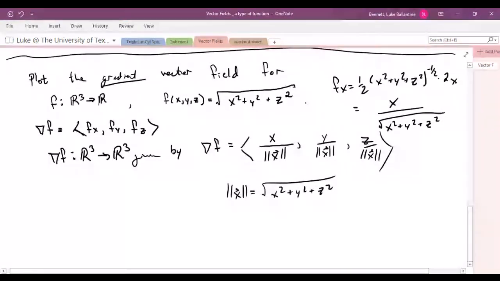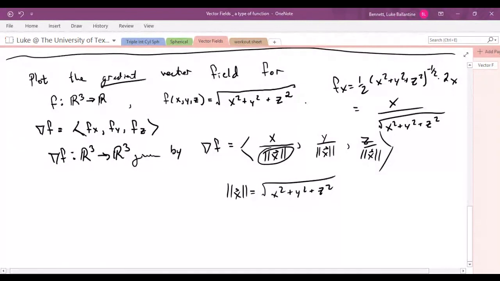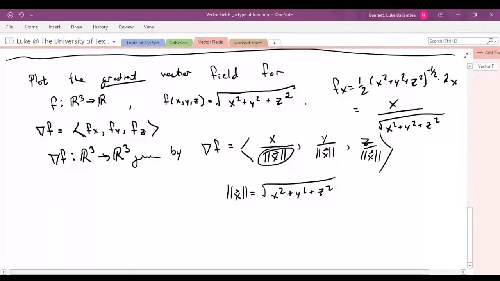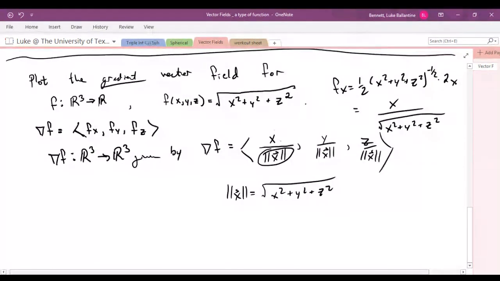So we're dividing by the magnitude, the size of the point. It gets smaller, that's right. Yeah, because we're dividing by the magnitude. And it's pointing outwards because they're all positive.